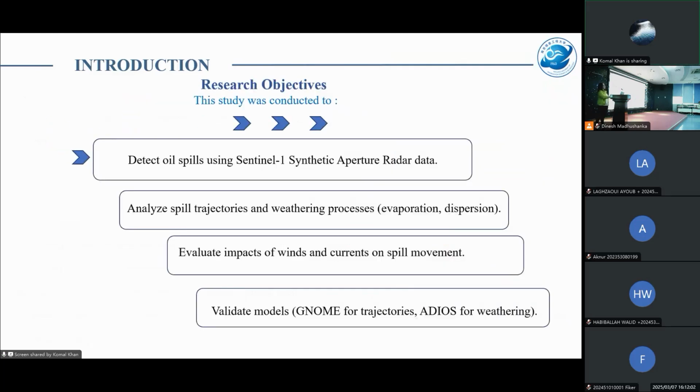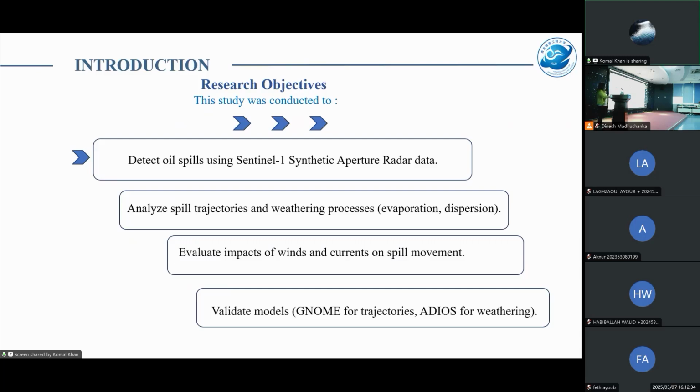So these are the main objectives which have been achieved during this study. Number one, detection of oil spill using synthetic aperture radar. Why I'm highlighting this synthetic aperture radar over and over again? Because it can be used in all weathers, and it is not affected by day or night because it does not need any outside illumination source.